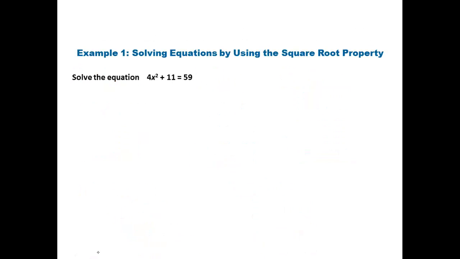Now let's move on to a little more complicated equation, using our square root property. The first thing that we want to notice from the equation is that there's only one term with an x. That is our clue that we're going to use square roots for this. So what we want to do is get the x by itself, and we do that by subtracting 11 from both sides.